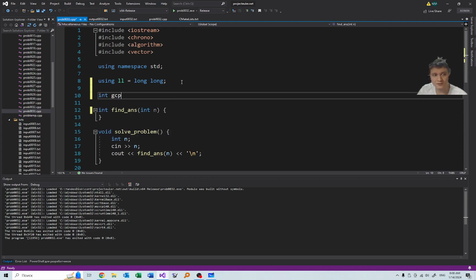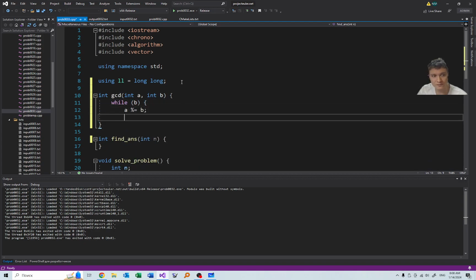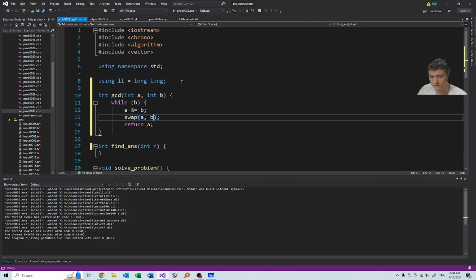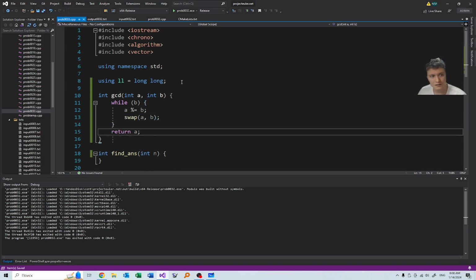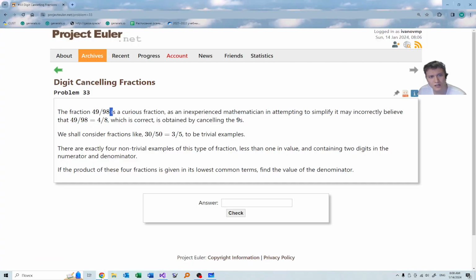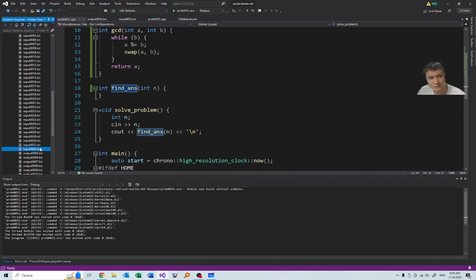We need some GCD, which is: while b, a %= b and swap a and b. Find ans is also unparameterized, so we again don't need to use any input file.